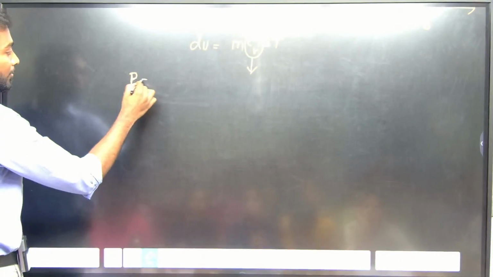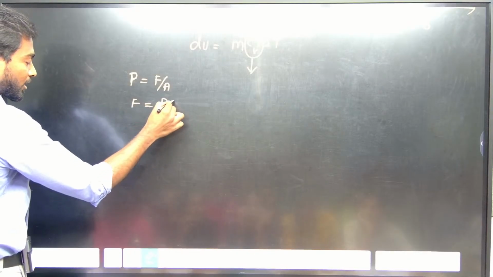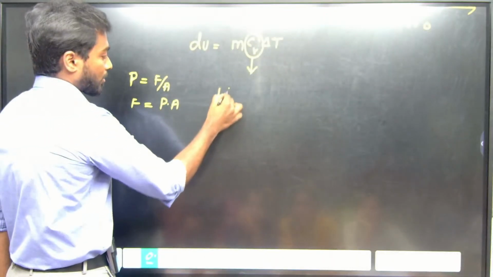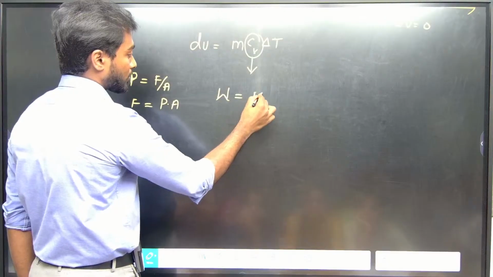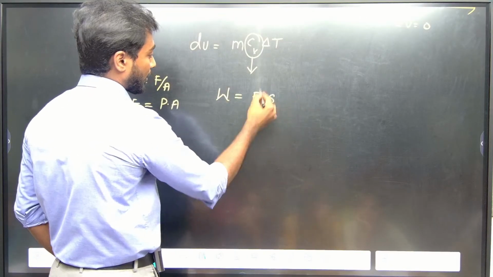Pressure is nothing but force by area, so force will be equal to pressure into area. Okay, fine. So what is the work done formula?